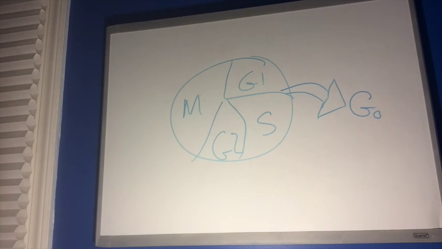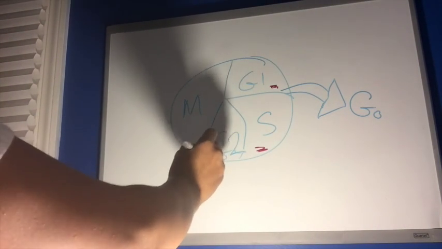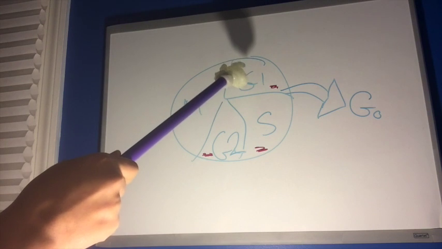Okay, guys. In another way, if I forgot to mention something again, the cell cycle has checkpoints. There might be a checkpoint here, a checkpoint here, a checkpoint here. These checkpoints are to make sure that the cell cycle is moving smoothly. When G1 phase is finished, there'll be a checkpoint to make sure that the cell did everything correctly when growing.